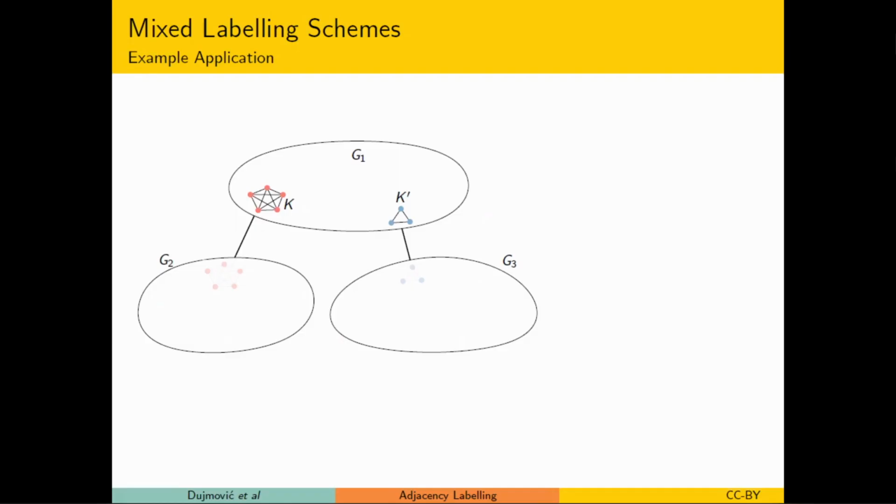So each vertex will belong to the graph associated with the highest bag that it appears in. In the lower bags, they don't get any labeling from here, so we just gray them out for a moment.